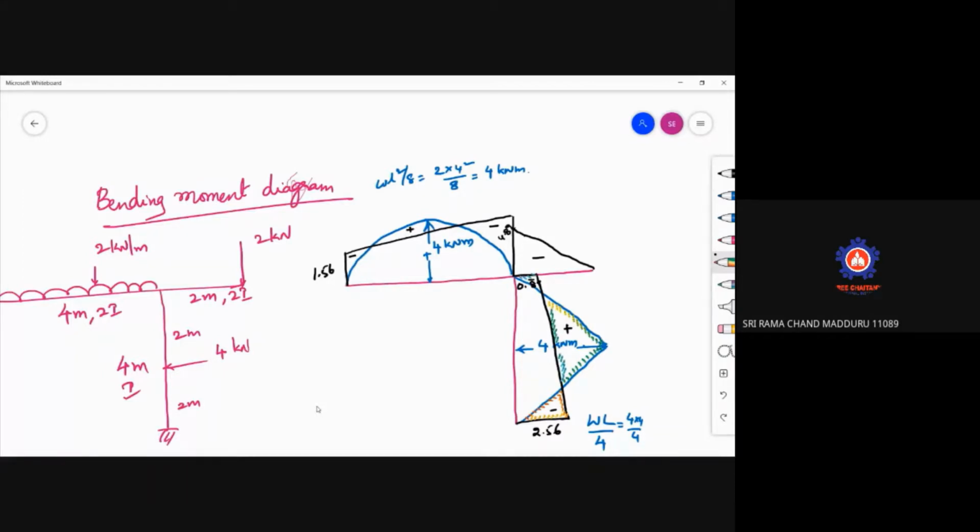So you know that where the bending moment changes its sign, we call it the point of contraflexion. So this is the bending moment diagram.